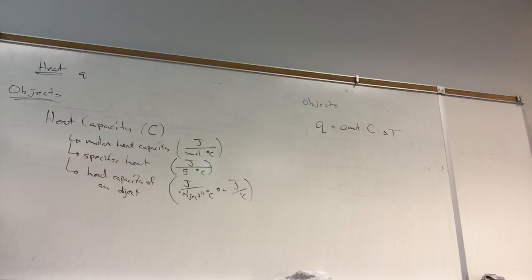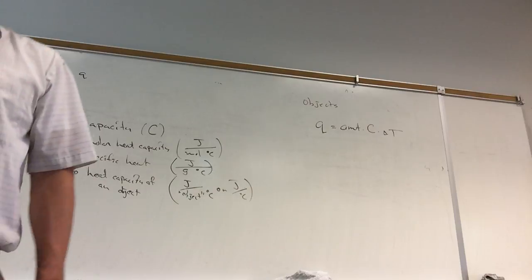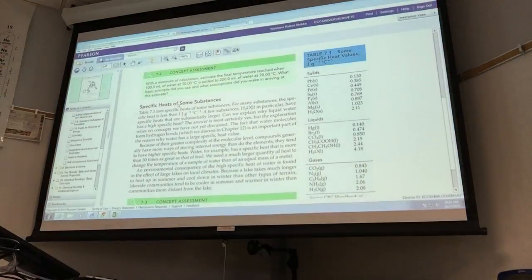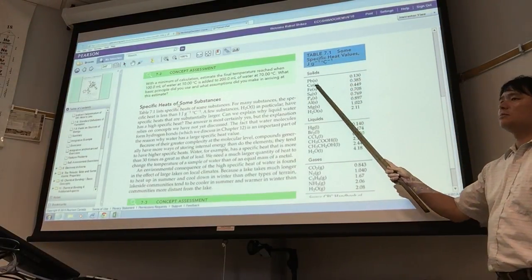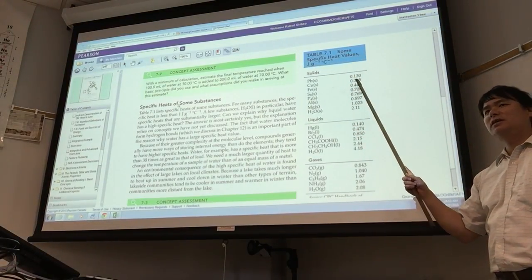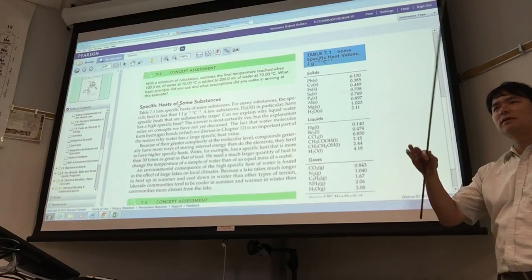The lowest is going to be 0.130. So to heat up lead by a degree C, does it take much energy? No, a gram of lead only requires 0.13 joules. That's it, to increase the temperature by a degree C. So that's not a very good heat sink, the temperature rapidly increases.